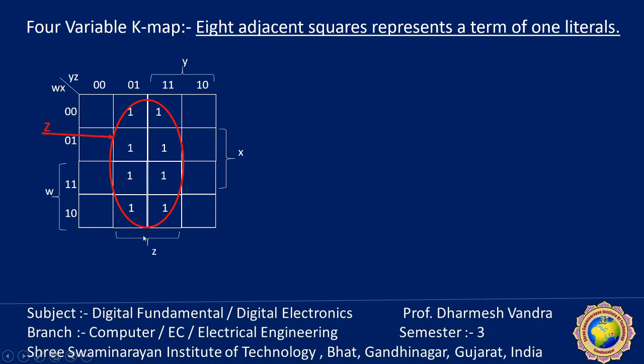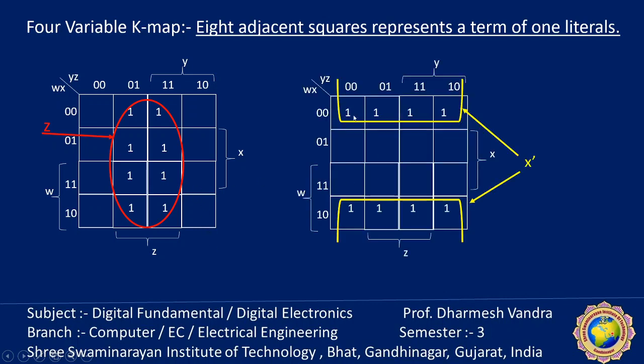The middle two columns are represented by z, and the first and fourth columns by z dash. The middle two rows are represented by x, so the first and last rows are represented by x dash. So there is a difference: 8 adjacent squares represent a single literal term in a 4 variable k-map.